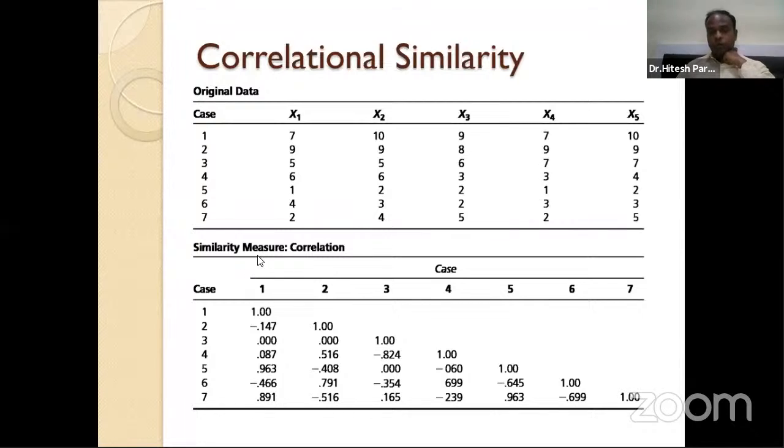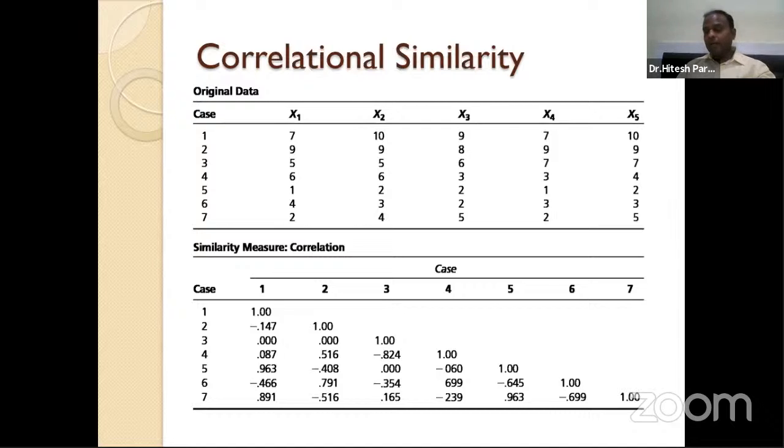Now, if we observe the correlation, we think that 1 and 2 are very near to each other. Now just observe the correlation: minus 0.14. Correlation will tell that they are far from each other. They are not similar. But actually, on the basis of magnitude, which is what we are interested in, 1 and 2 are near.